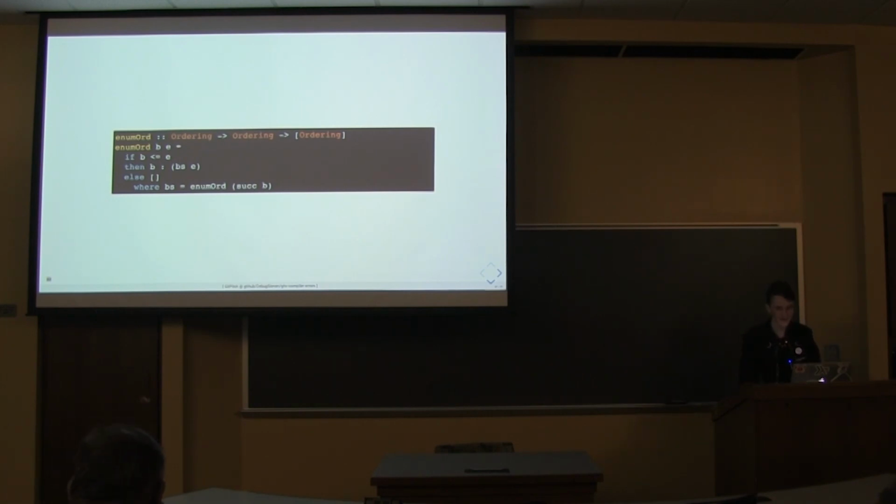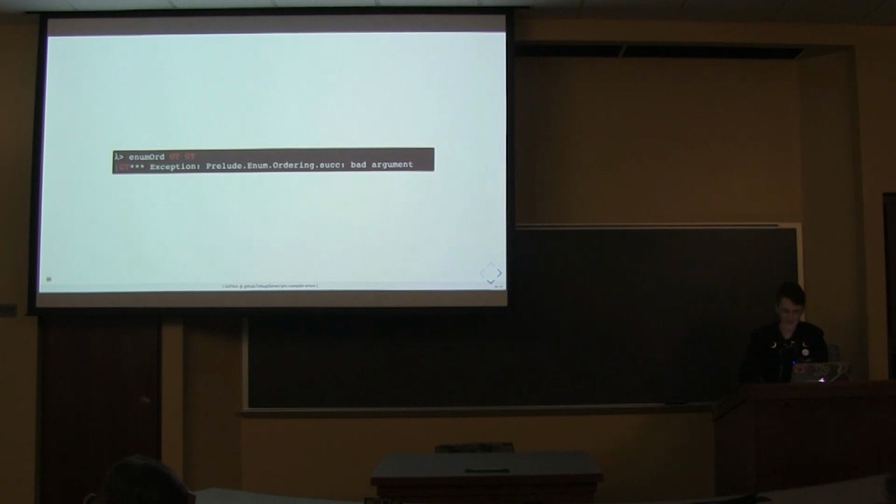And so you may have noticed this actually blows up if you pass the last element of the ordering type twice, and it should return just like the list of greater than. So you can still get runtime errors if you aren't careful about how you write your code.